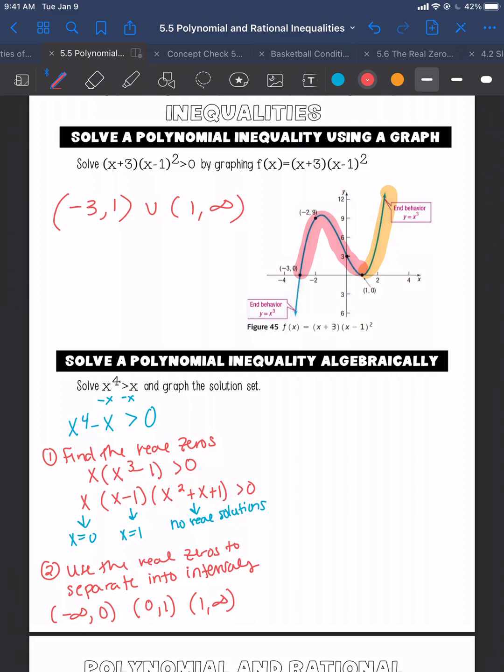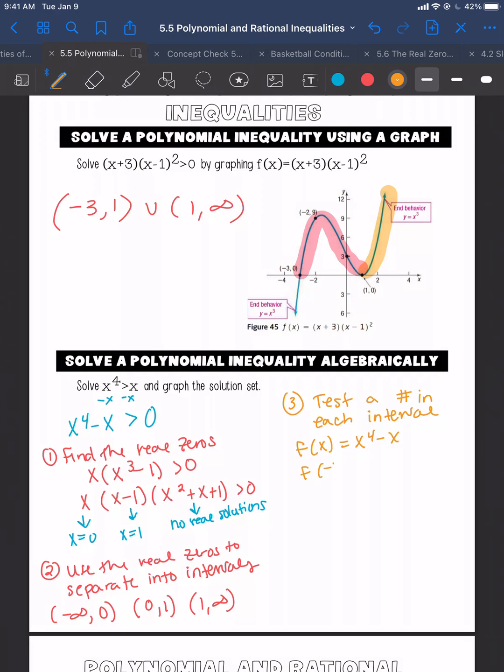So we will test a number in each of those intervals to determine if it's greater than 0 at that spot or in the interval. So test a number in each interval. So if we find, well, first of all, we're using f of x equals x to the 4th minus x.